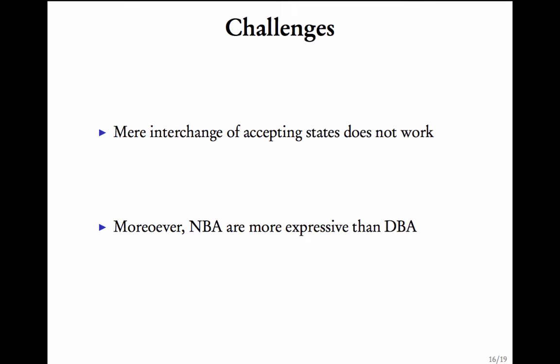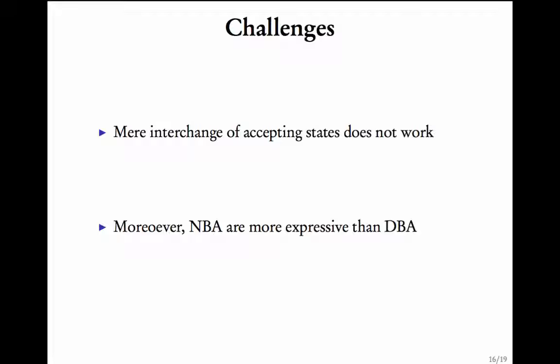So this is a big challenge. How do we now find the automaton for the complement language? Can we even find one? And we need to accept the fact that doing a mere interchange does not work, and moreover, non-deterministic Büchi automata are more expressive than deterministic Büchi automata.